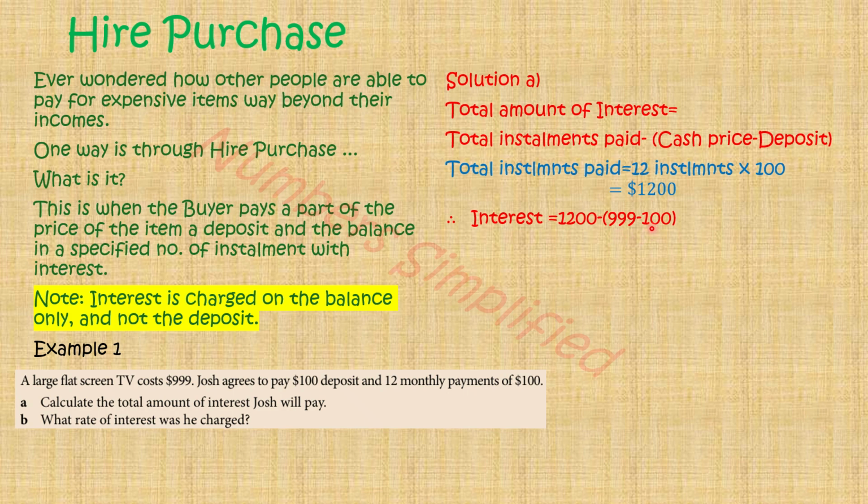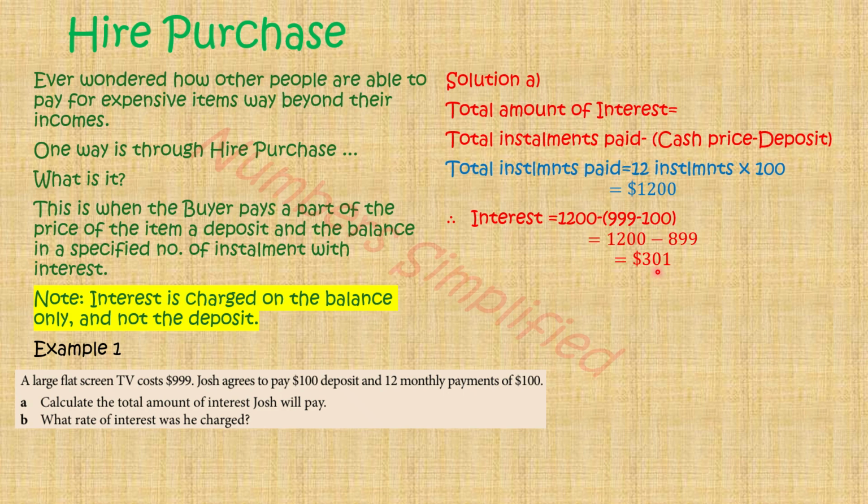And take note, the cash price and the deposit are in the same parenthesis because we are going to find what remains from the difference of the two. So simplifying that, we are going to get 1,200 minus 899, and that will give us 301. This is the amount the buyer is paying for not paying off all the amount that they were meant to pay for the item. So this is like the interest of paying after some time.